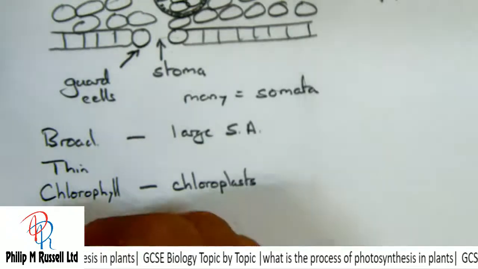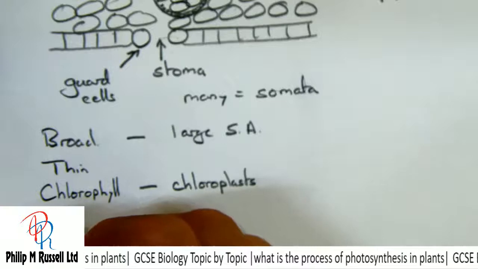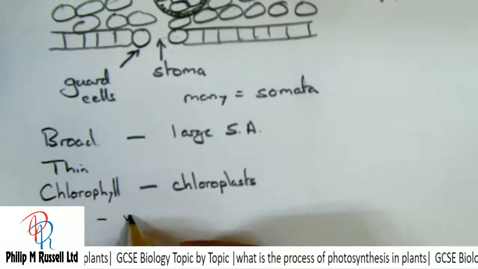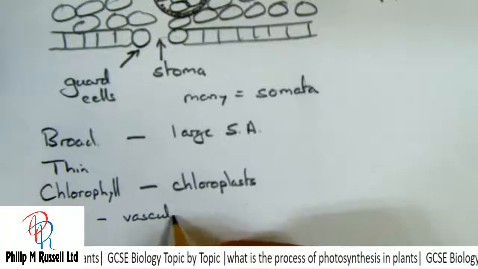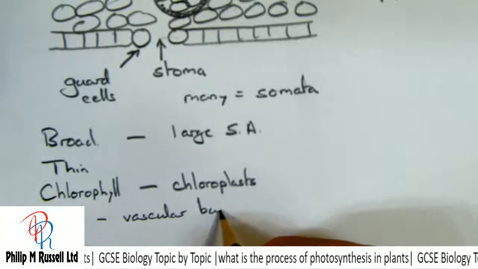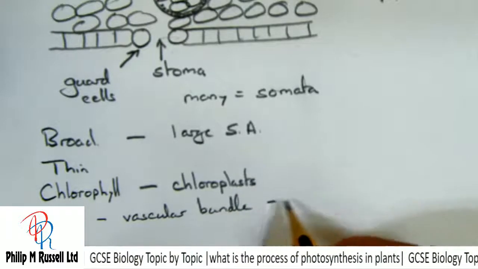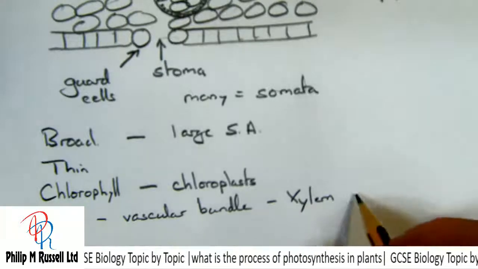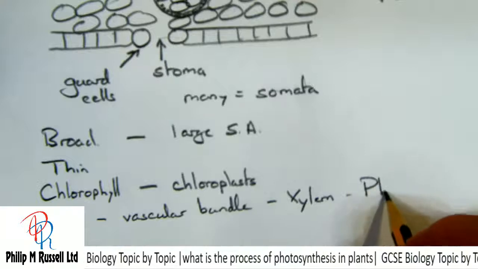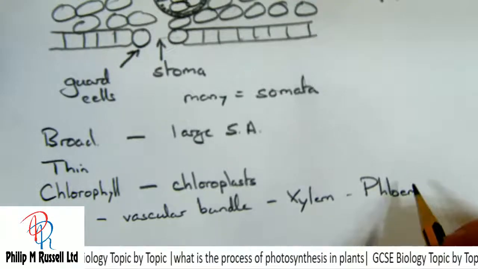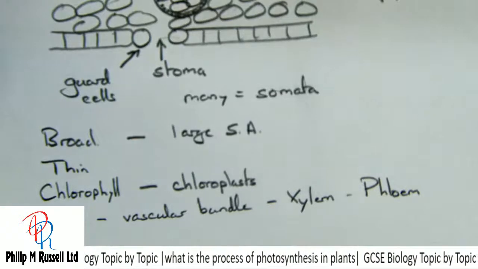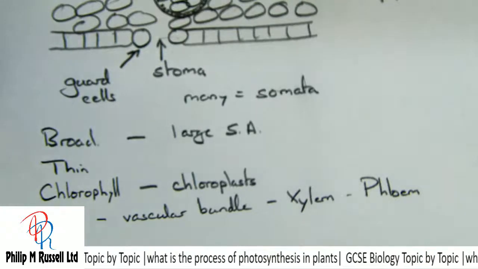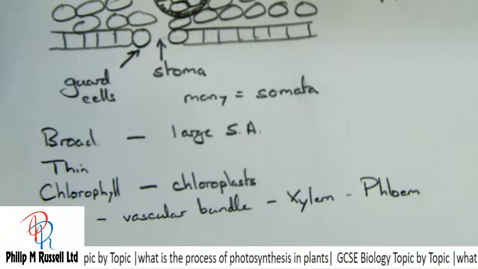We've got in these cells veins, sometimes called a vascular bundle, and this is made up from the xylem cells that bring in the water and the phloem cells that take away the produced sugar and sends it round the rest of the plant.